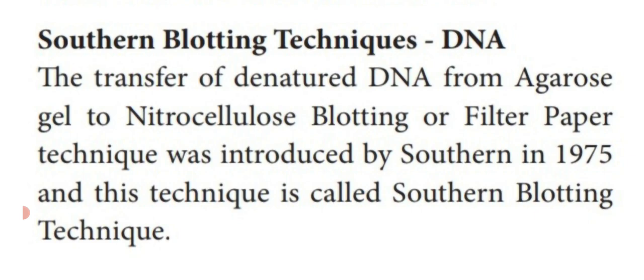This technique is used for nitrocellulose blotting or filter paper. It was first introduced by the scientist Southern in the year 1975, so this technique is known as the Southern blotting technique.